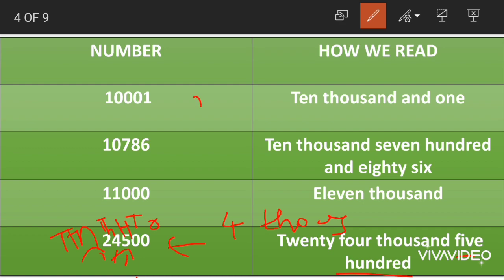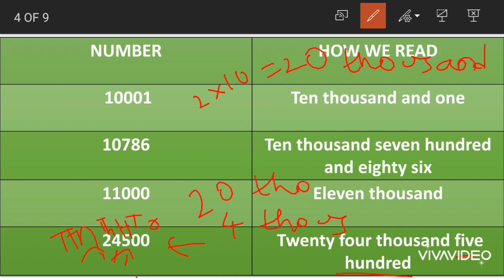Clear, children? 2 is at 10,000s place. 2 into 10 is equal to 20, and then we have the thousands. 2 at 10,000s place will be read as 20,000. We have 20,000 and then we have the 4,000. How will we read this together? We will read this as 24,000 and then we have our 500. 24,500.